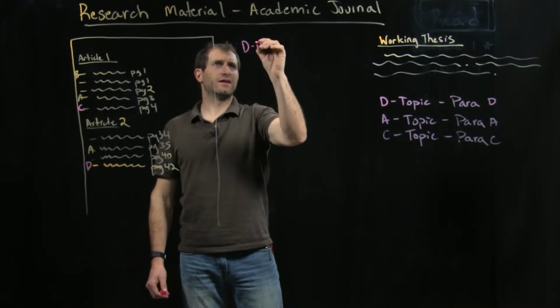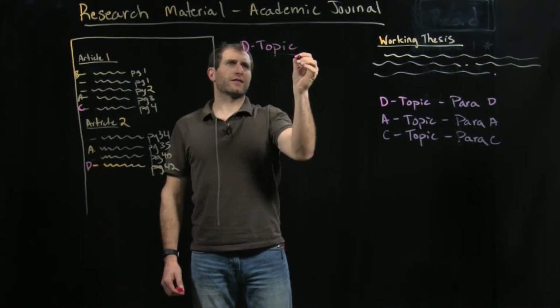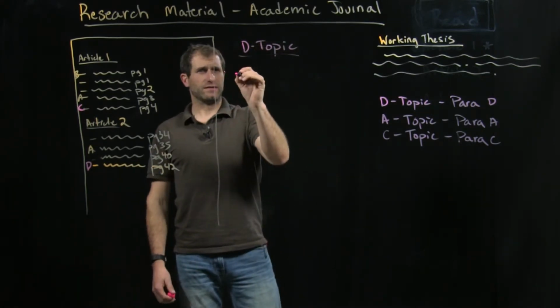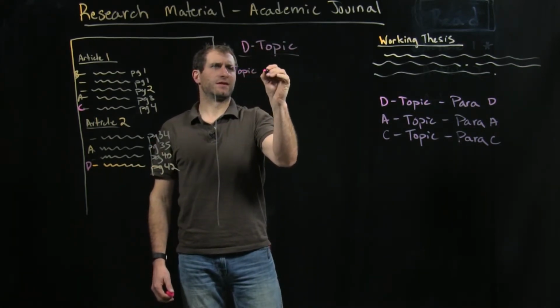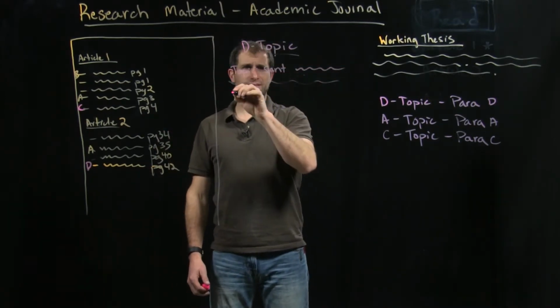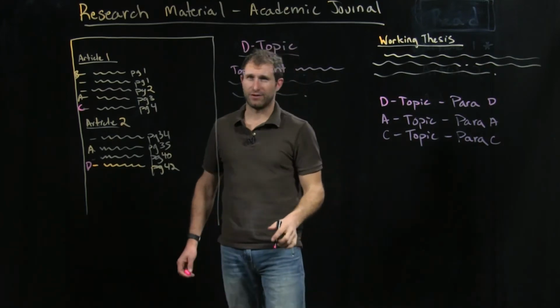So this is D topic, and I look at the topic and I read all my D quotes and all my research. They say, okay, and I'm going to write a topic sentence. And I'm going to throw that topic sentence maybe right into my document where I'm starting to draft.